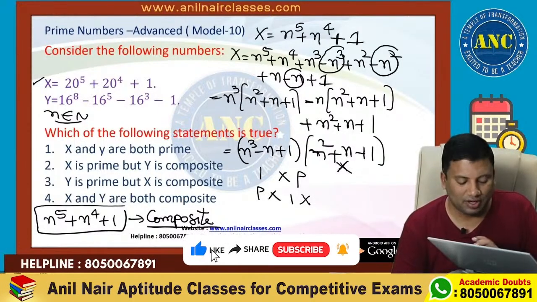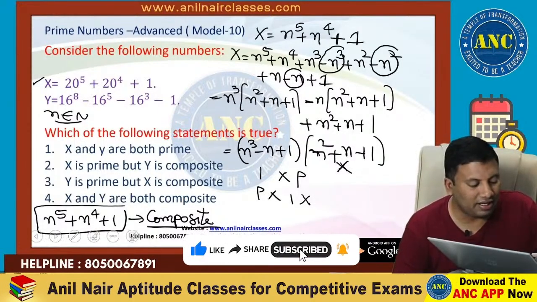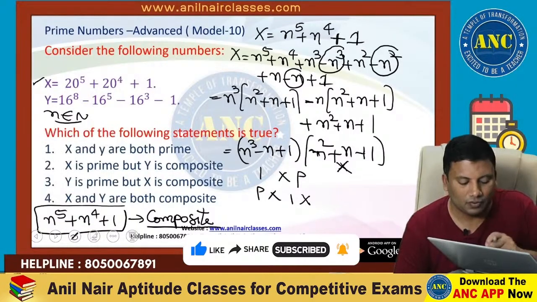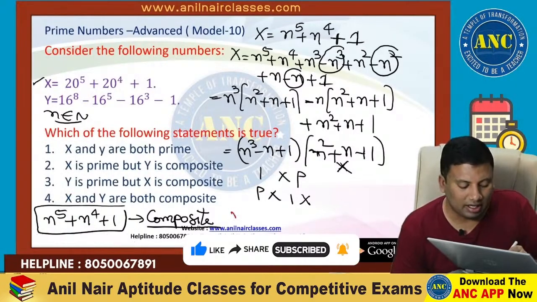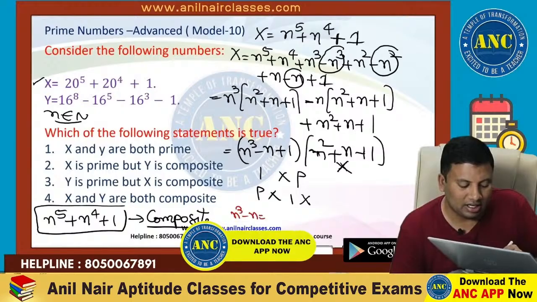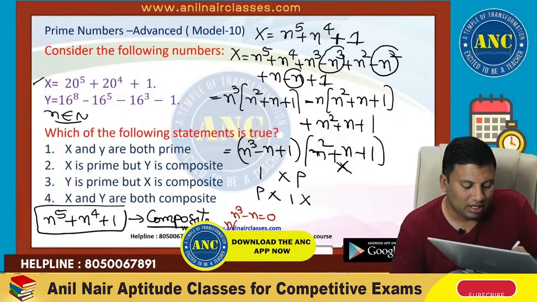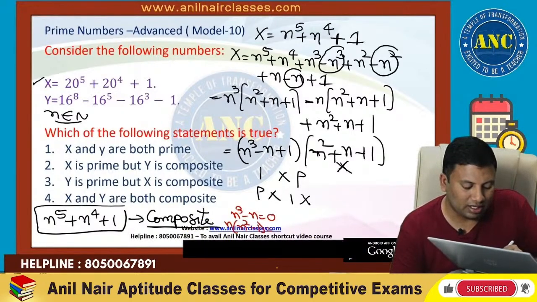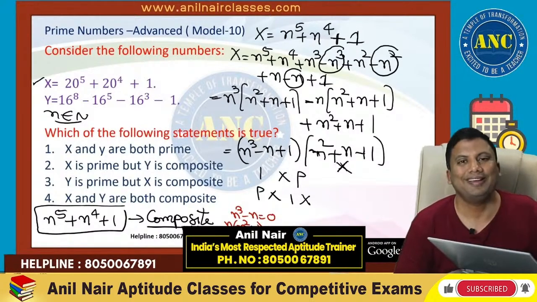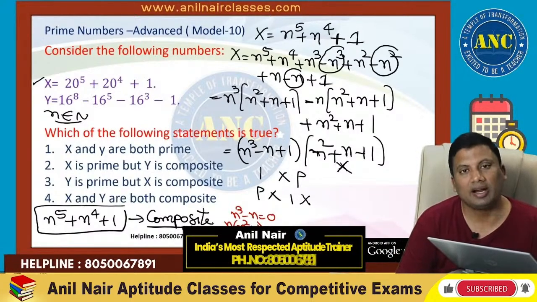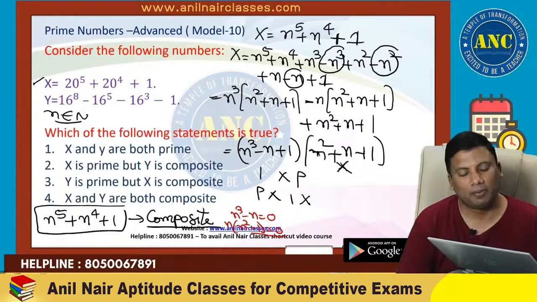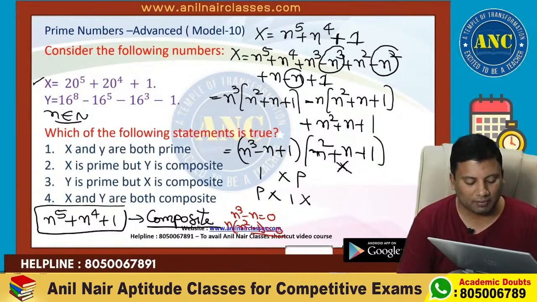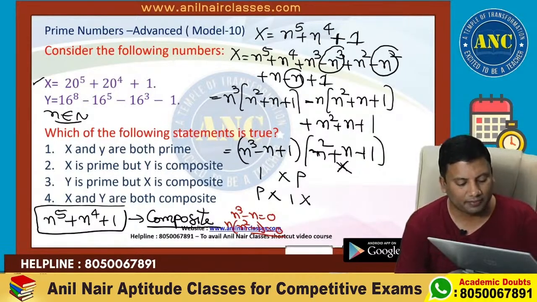I cannot get 1. Or if I take the first one as 1, n cube minus n plus 1 equivalent to 1, n into n square minus 1 equivalent to 0. N square minus 1 is n minus 1 into n plus 1. Product of 3 natural numbers cannot be 0.